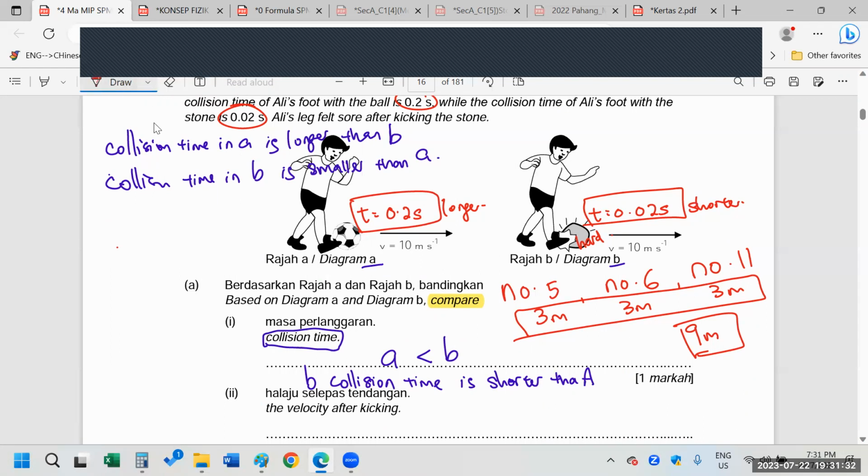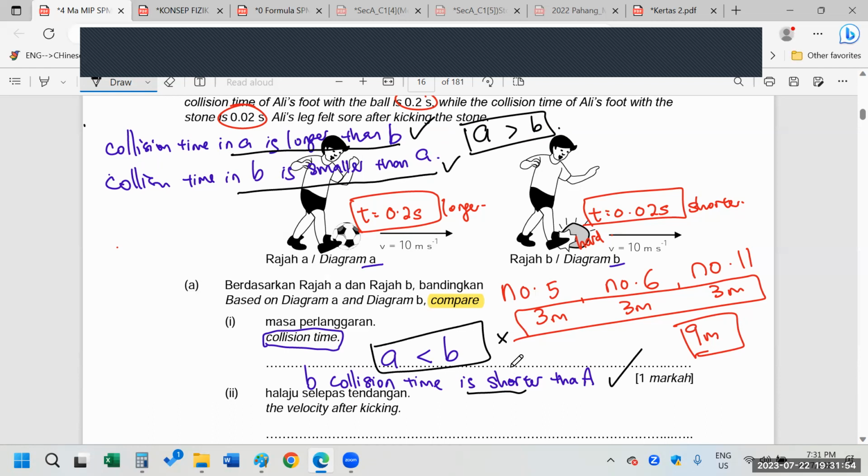A is longer than B, okay. If you want to say B is shorter than A, okay. A is longer than B, okay. B is smaller than A, okay. This one cannot. Then you might say, teacher, can we write like this, diagram A is bigger than diagram B?